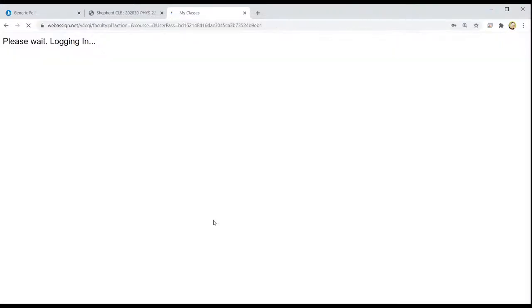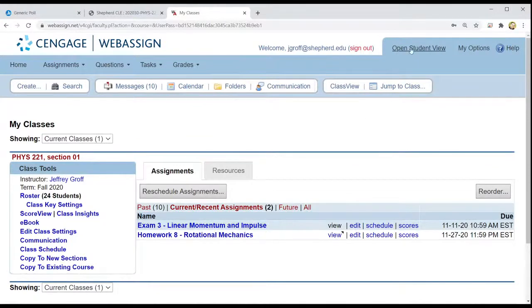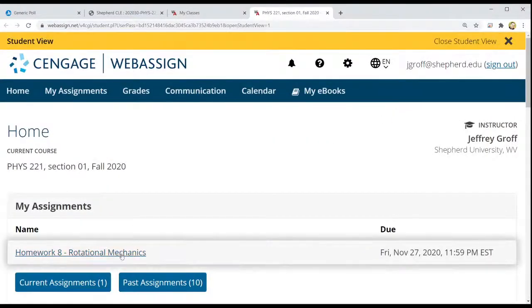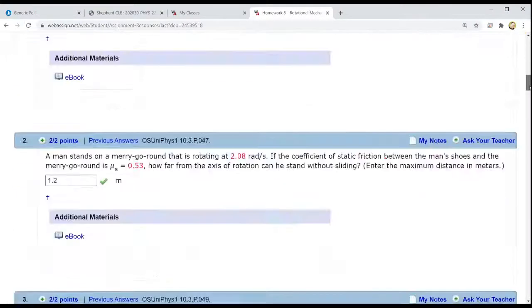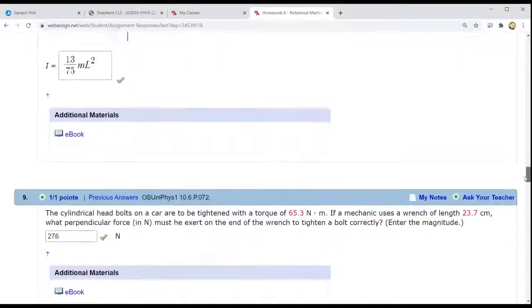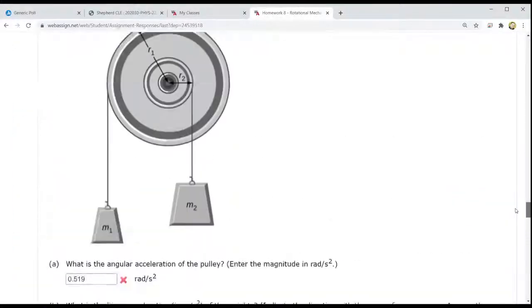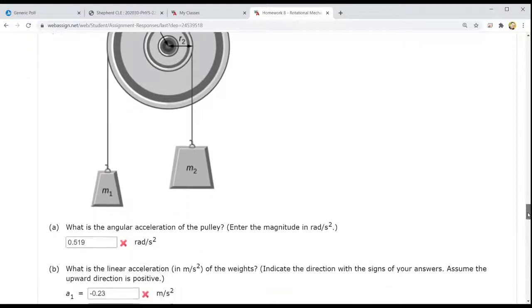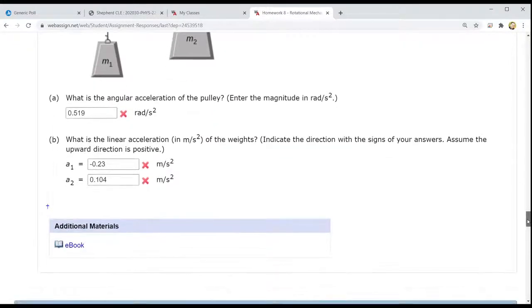I want to show you this last problem. I emailed about this problem being incorrectly coded. I haven't heard back yet, but it's worth 0 points. So it's a really good problem, but you won't be able to tell if you got it right or wrong.